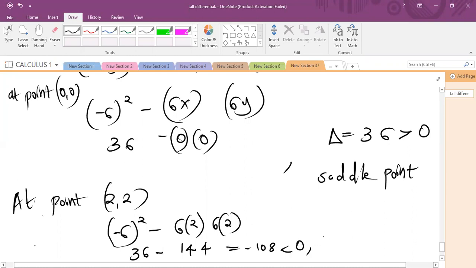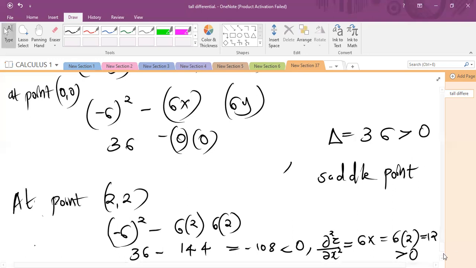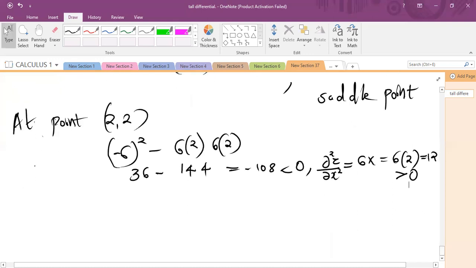So in order for us to know the nature, what is the ∂²z/∂x²? It is 6x, which is basically 12, since our x is 2, and this value here is greater than 0. So since we have this less than 0 and this here greater than 0, what point is it going to be?